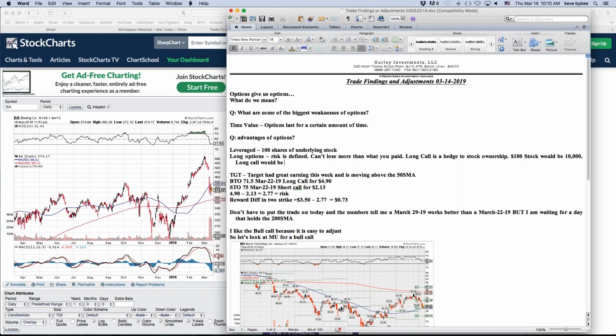But let's say a $100 stock for about a month would probably cost around $2 to $3 per share.